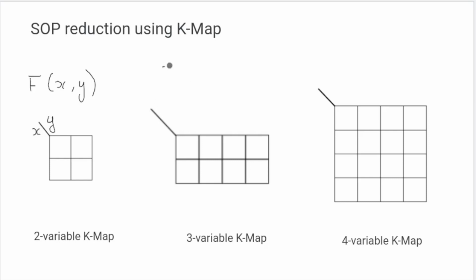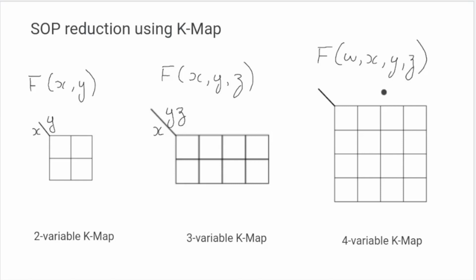For a 3 variable K-map, f of x, y, z, we'll take x on the vertical axis and y and z on the horizontal axis. And for a 4 variable K-map, f of w, x, y, z, we'll take wx on the vertical axis and yz on the horizontal axis.